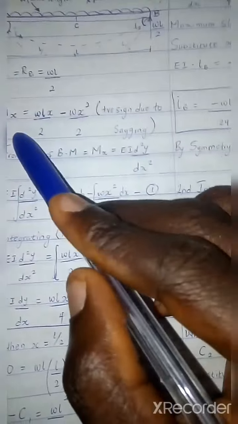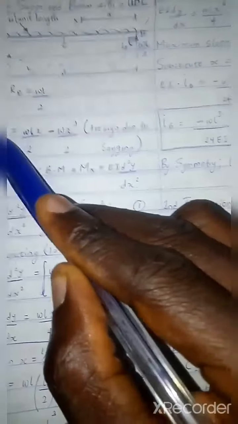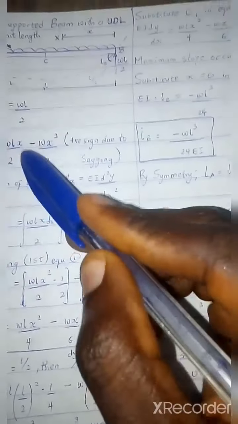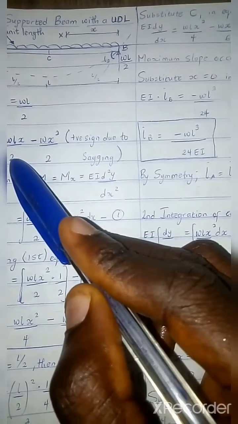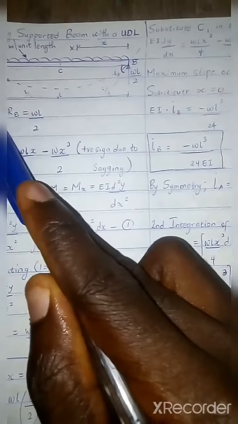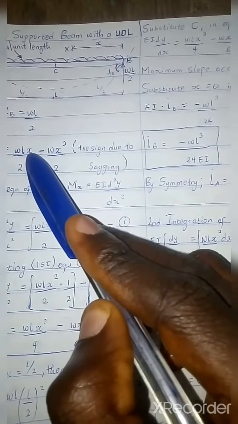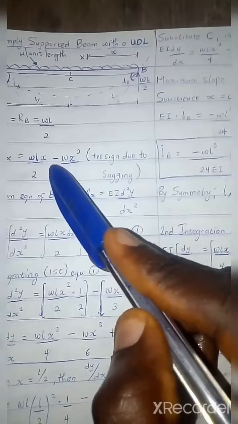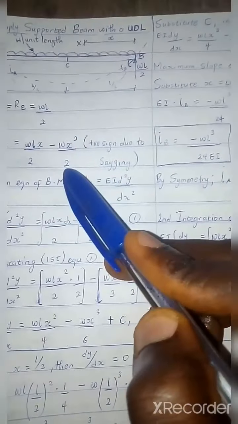So here, guys, let's go into business. The bending moment Mx is equal to WLx over 2. That means the reaction RA or RB, WL over 2, times the distance x, minus Wx squared over 2.